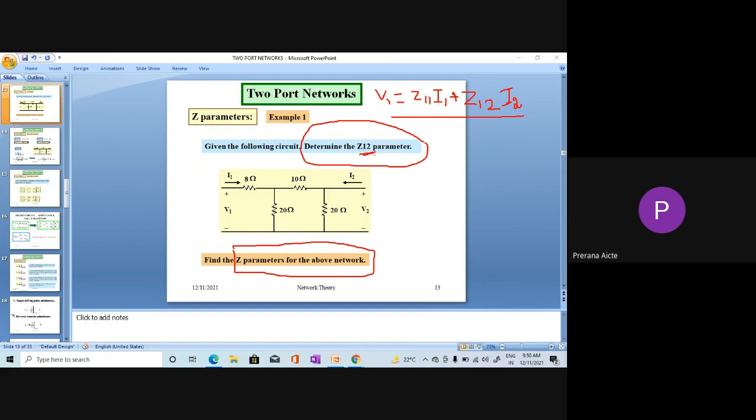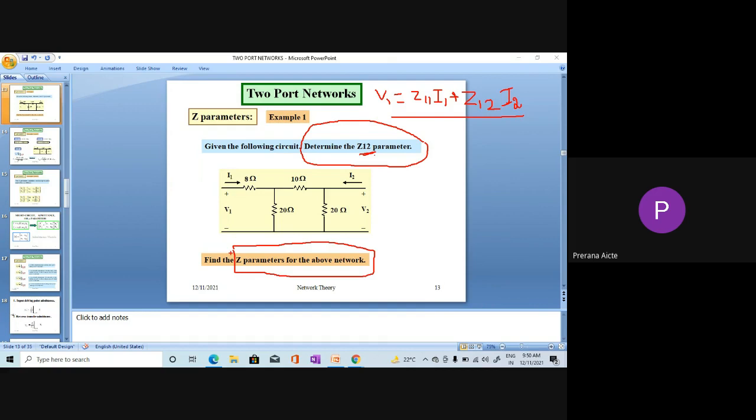While solving for the Z parameters, we have different kinds of approaches. There is no strict rule in order to find these two-port network parameters. Somebody applies mesh analysis, somebody applies node analysis, somebody simply applies the two-port equations to the circuit. The way of convenience is very important while solving the questions.